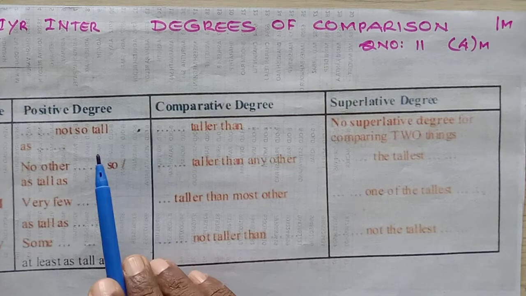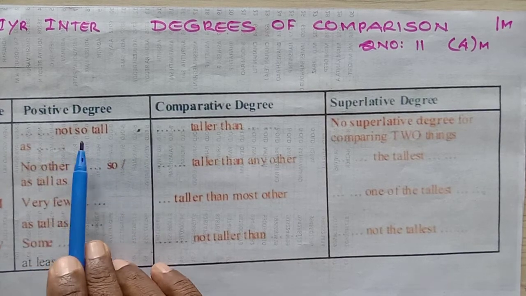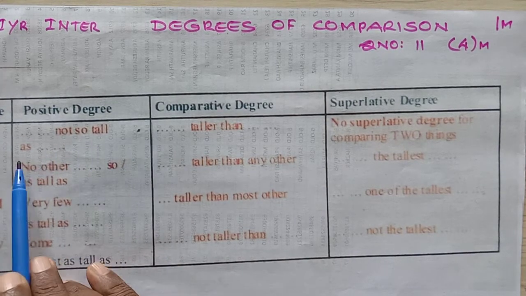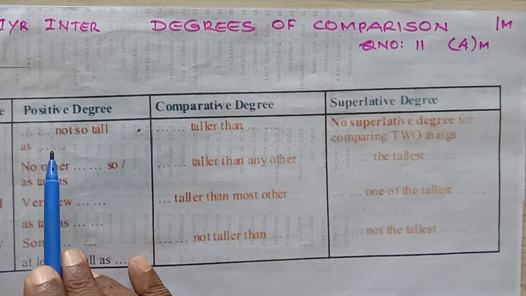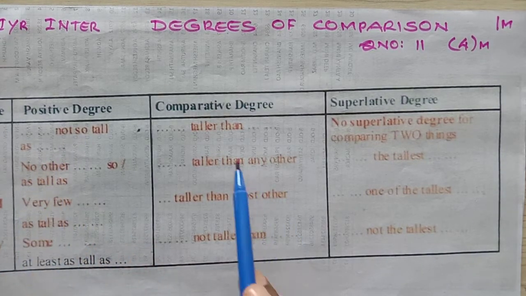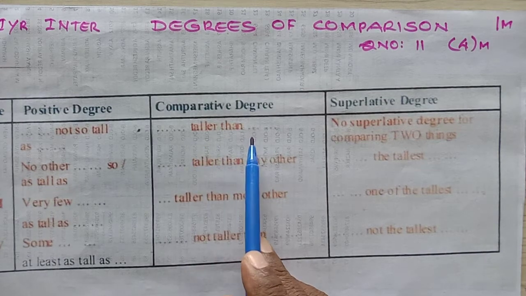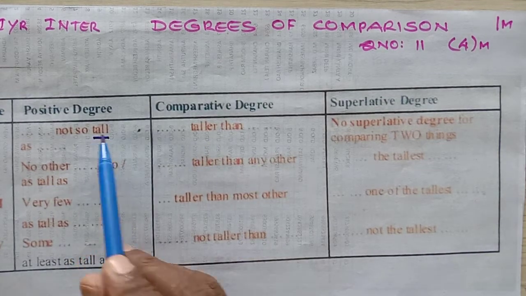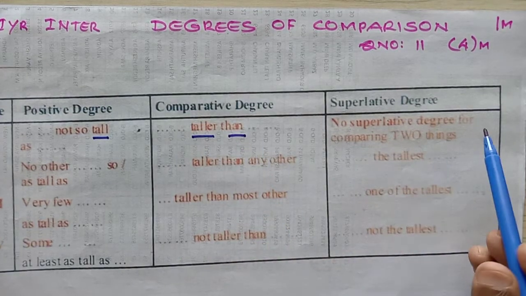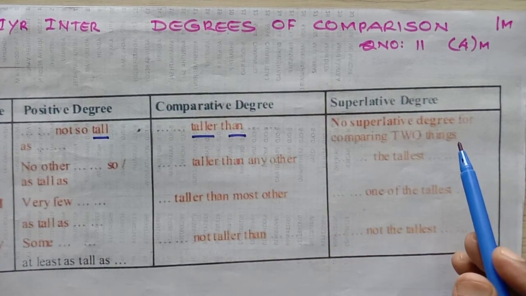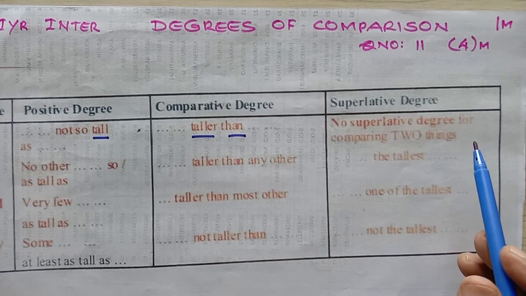Then it should be comparative. If not so tall as is there in the question sentence, in the comparative form it will have taller than. If you observe tall, taller than. Then there is no superlative degree when comparison of 2 things.